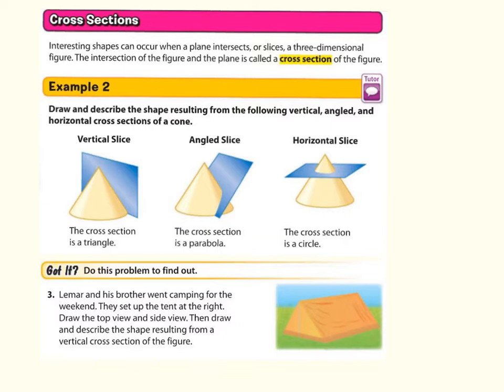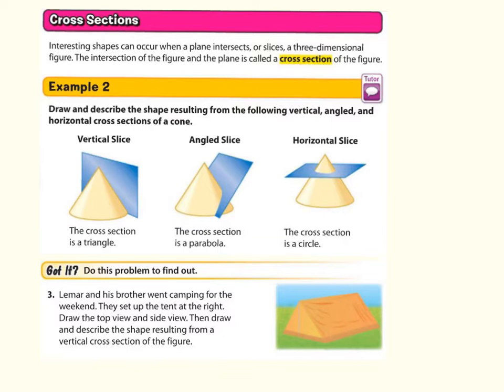So if we look at number 3, it says the camping tent, they set up the tent, draw a top view, then draw, I'm not really too worried about that. I want you to be able to imagine what a vertical cross section would be.